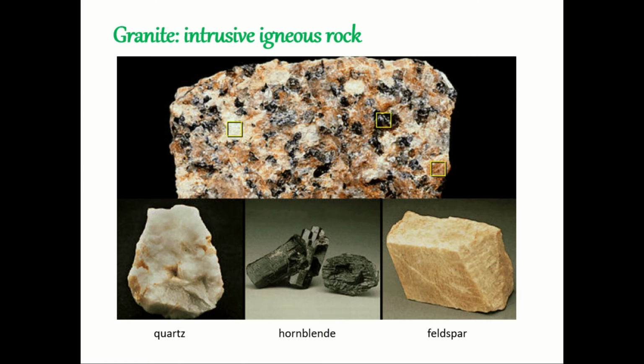Here's an example of a rock. It's a granite, an intrusive igneous rock. We can see the different types of minerals within it: quartz, hornblende, and feldspar mixed together into one rock. And that is our granite.